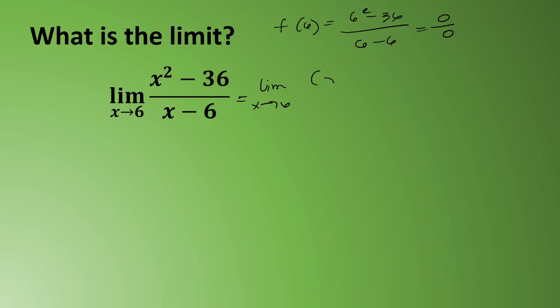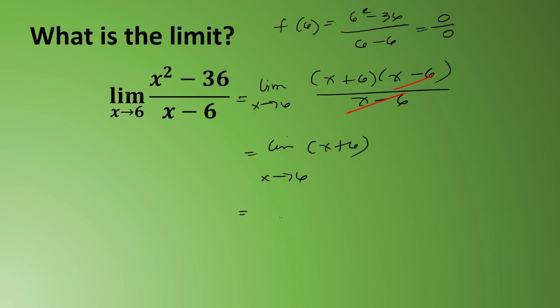The numerator can be factored as x plus 6 and then x minus 6 over x minus 6. So x minus 6 can be cancelled. What we have now would be the limit of x plus 6 as x approaches 6. So we have 6 plus 6, and the limit of this function is 12.